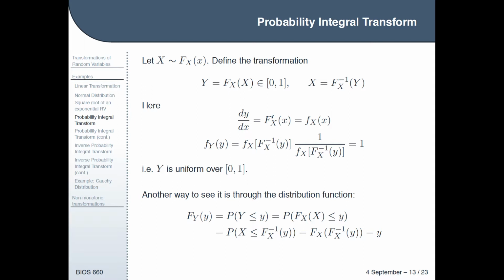So you have the CDF with respect to x evaluated at the CDF of x inverse. You end up with y as the CDF, which is just the CDF for the uniform distribution on 0 to 1.